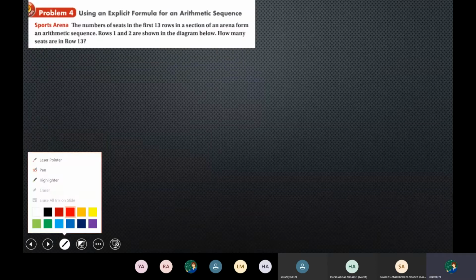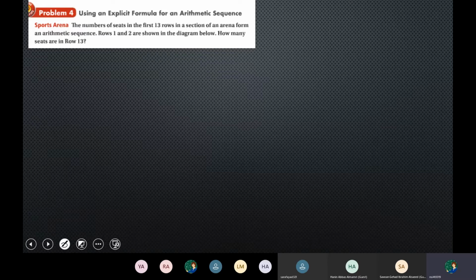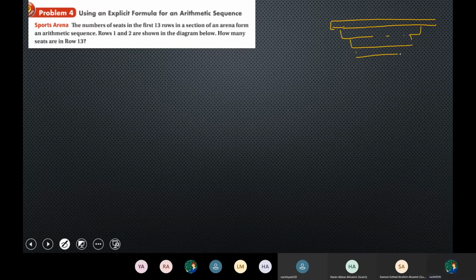Today let's use the explicit formula for an arithmetic sequence. The numbers of seats in the first 13 rows in a section of an arena form an arithmetic sequence. So we have an arena that contains 13 rows.